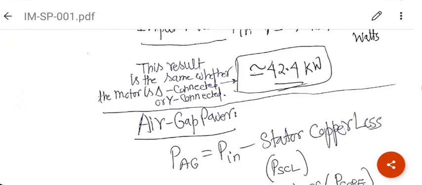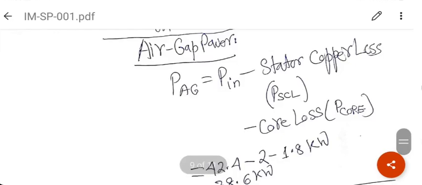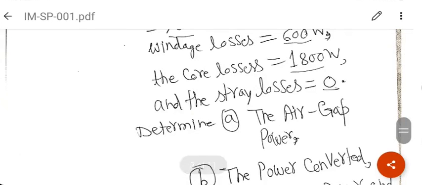Now, air gap power is defined as input power minus stator copper loss. Because input power is coming, copper loss in the stator will take some part of it, and the rest will go and couple to the rotor. So P in minus stator copper loss. P in is 42.4 kilowatt and minus core loss also in the stator. Whatever losses are there in the stator, subtract them from the input power to get the air gap power. 42.4 minus stator copper loss minus stator core loss.